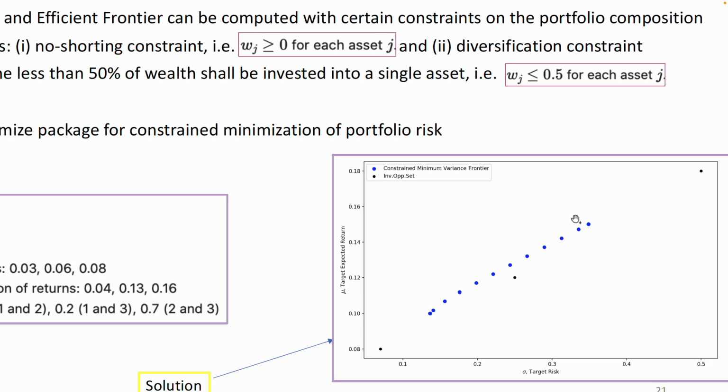If I wanted to go further up here, I argued in terms of vol. I can argue in terms of here, if I want volatilities of 16% and more. Oh, I'm so sorry. If I want expected returns of around 16% and more, there's no portfolio. The reason being, I would have to invest more than 50% in this high risk premium asset, but it's forbidden by this constraint.